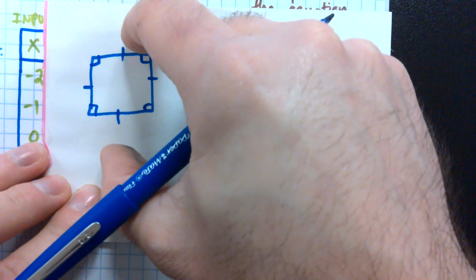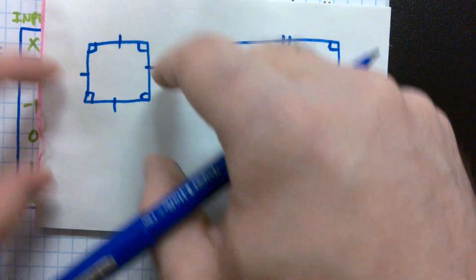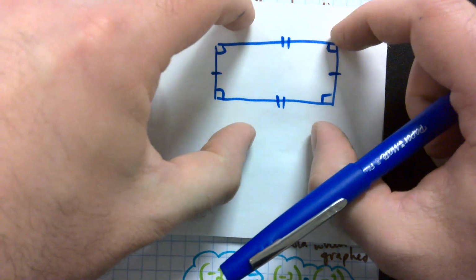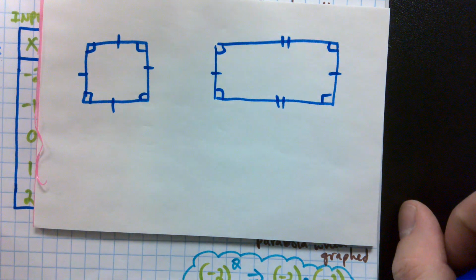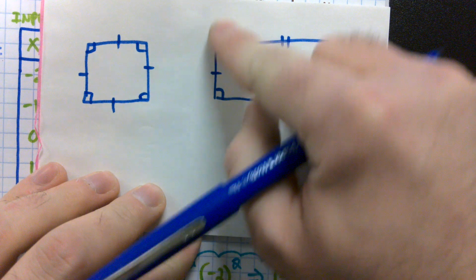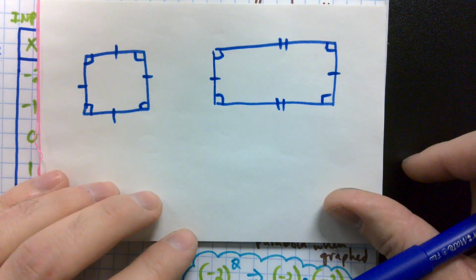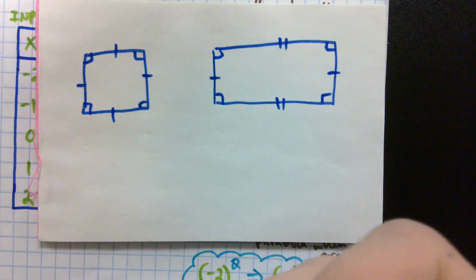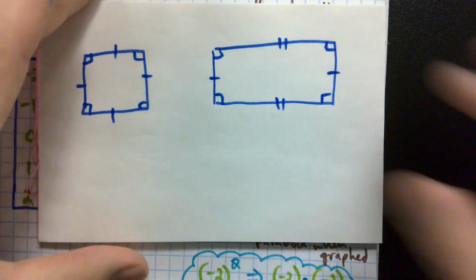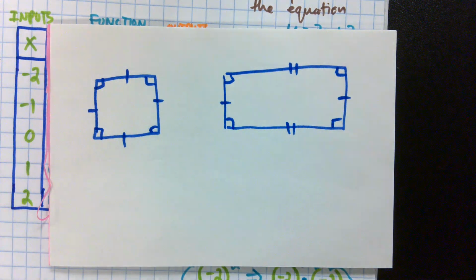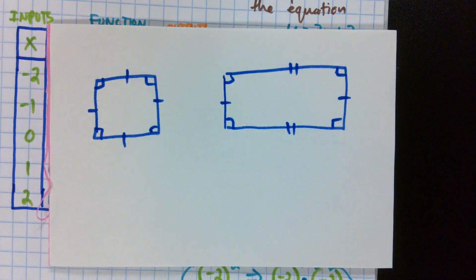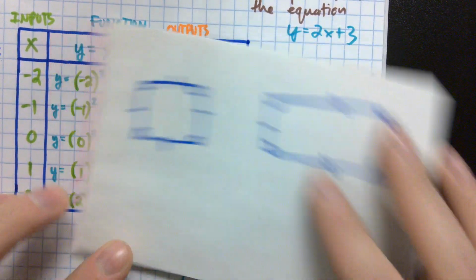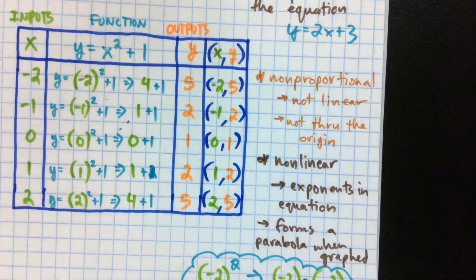These opposite sides are equal, these opposite sides are equal, and all 4 corners are 90 degrees. But a rectangle does not satisfy the conditions of a square because not all 4 sides are equal lengths. Do you guys know what I'm saying by that? Yeah. Good. Some of you are like, why are we talking about squares? That's fine. This is a very general math idea and something that I see in life all the time. Well, never mind. We're not going to go too deep into it. But hopefully you get what I'm saying.